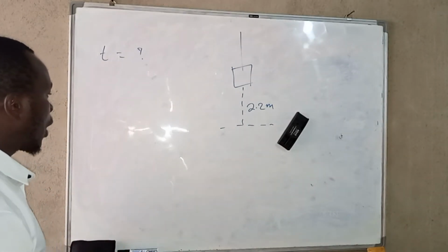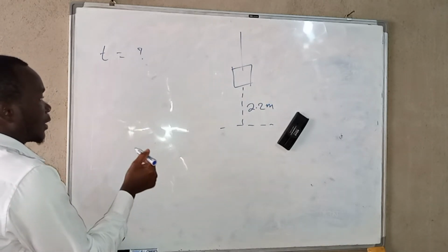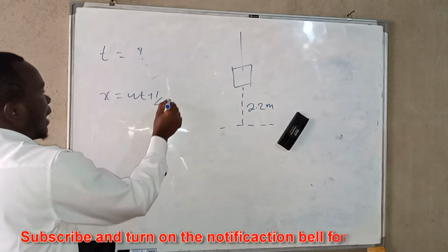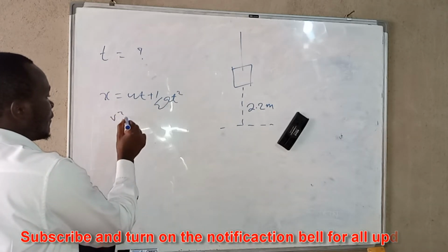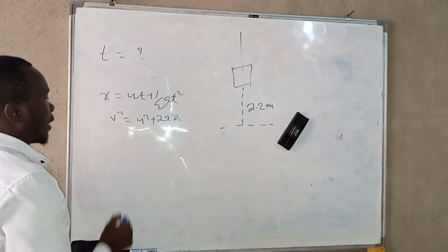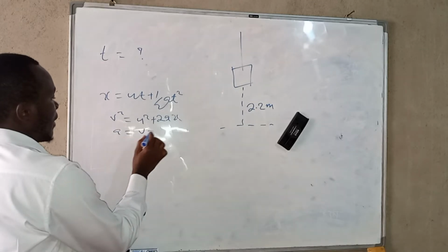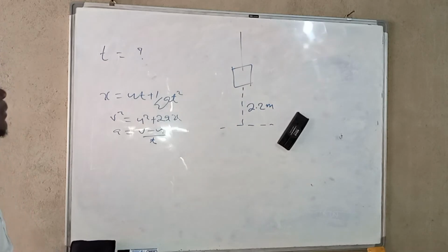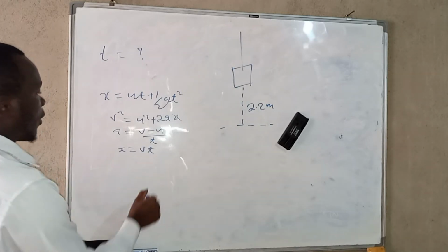From equations of motion, we have x is equal to ut plus half a t squared. We also have v squared is equal to u squared plus 2ax. Then we also have a is equal to (v minus u) over t. All these are the equations that we can use.